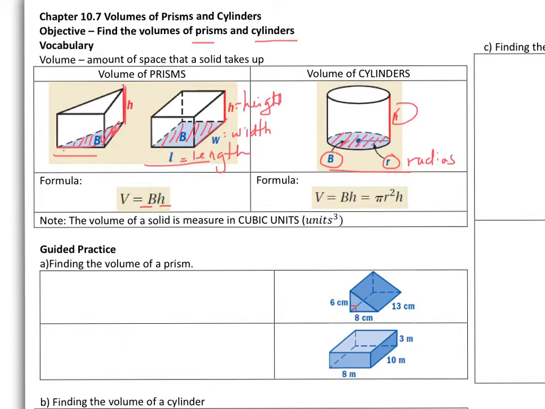If I have a rectangular base, then I would take length times width times height to find the volume. And the same thing goes for the cylinder, which has a base of a circle. I would take pi r squared and multiply by its height. And note, the volume of a solid is measured in cubic units.